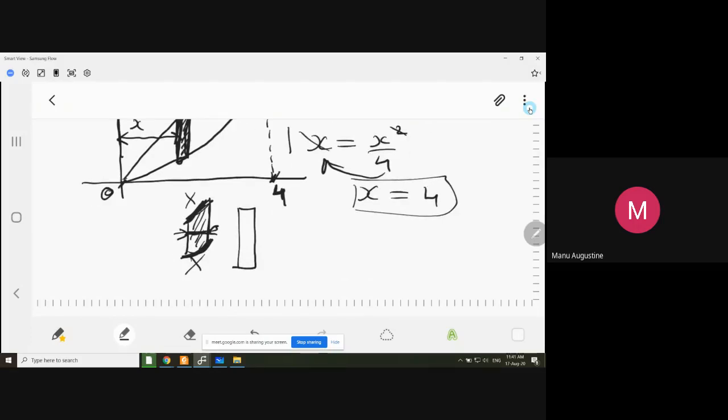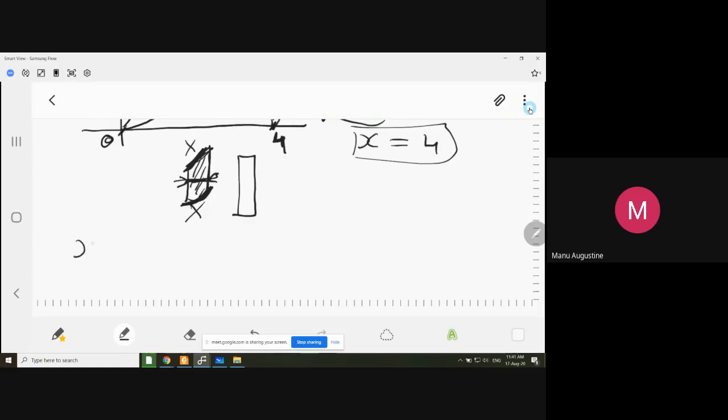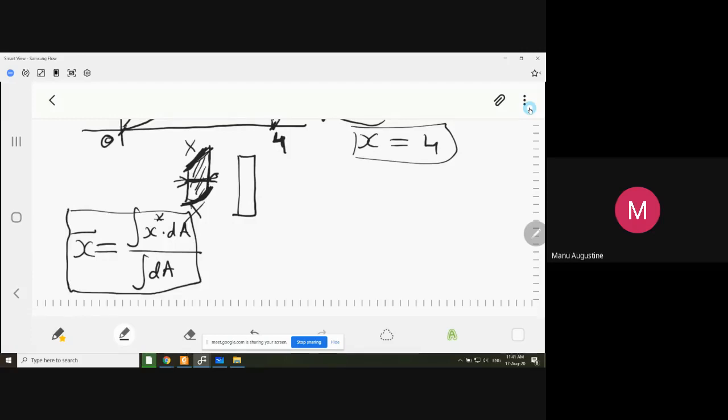So now what I want to know is the location of x bar and y bar. And I know that x bar is simply given by the formula integration of x star multiplied by dA divided by integral of dA. This is the standard formula that you have to remember for x bar. So now let us find the individual values.